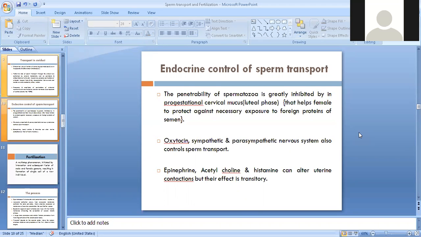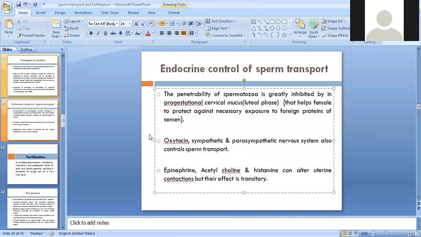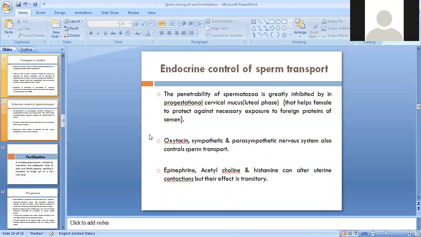The penetrability of spermatozoa is inhibited if there is progestational cervical mucus, meaning during the luteal phase, this cervical mucus becomes thick, which is not favorable for the penetrability of the spermatozoa. By this mechanism, the female genitalia is protected against any unnecessary exposure to the foreign proteins of the semen.